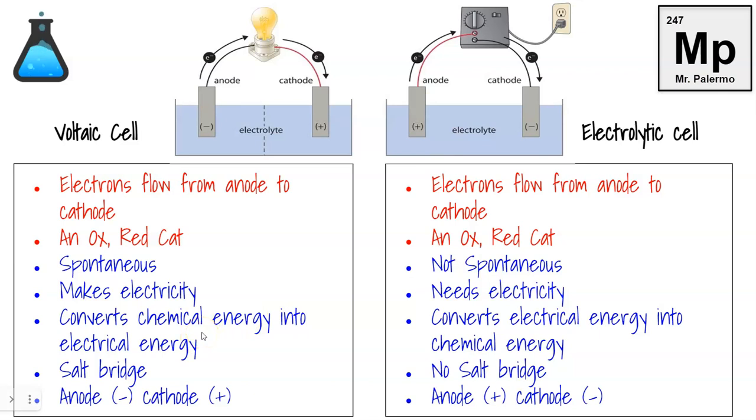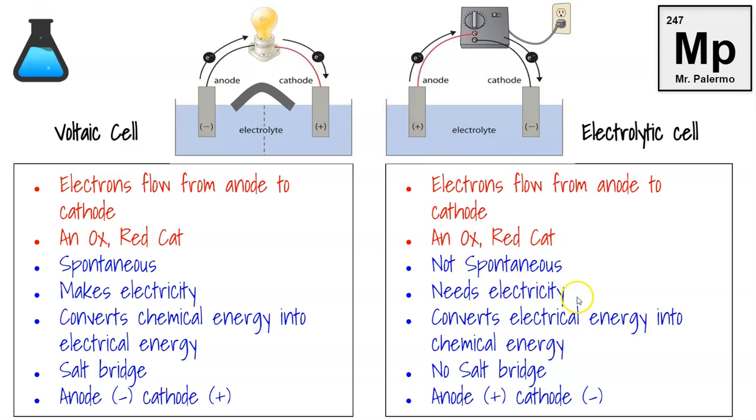It also has a salt bridge, which we can see here, and the function of that salt bridge is to allow for ions to flow and keep the cell neutral. Lastly, the anode is going to be the negative electrode, and the cathode is going to be the positive electrode. And that makes sense because the electrons are being pulled spontaneously towards the positive electrode since they are negative.